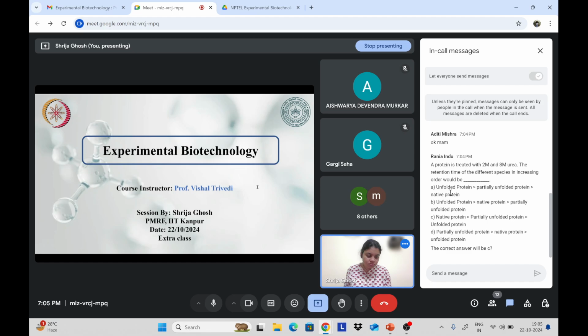As you increase the urea concentration, your protein will keep unfolding, right? So the retention time of the different species, the native, partially unfolded and unfolded. Yes, the correct answer should be C.